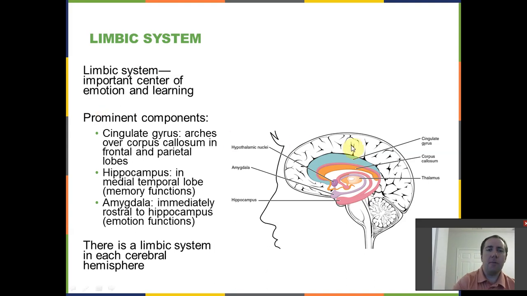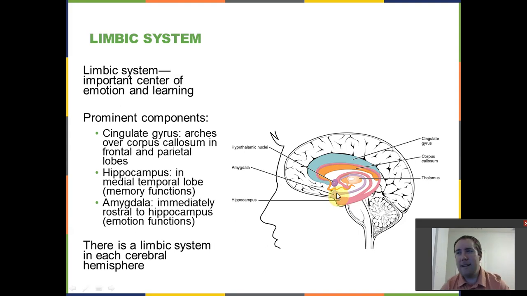So there are three primary parts that function in the limbic system. There's the cingulate gyrus, which is essentially part of the corpus callosum, or it's just above it, attached to it. There's the hippocampus, which is down here, and the amygdala, which is here.